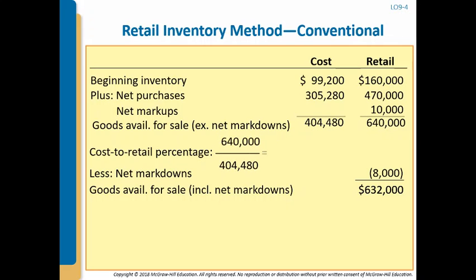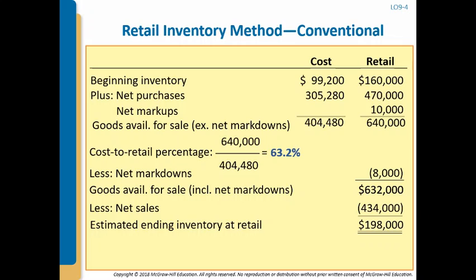And so here, I think they got that backwards. The numerator is going to be 404,480, and the denominator is 640. And so here, your cost to retail percentage is now 63.2%.